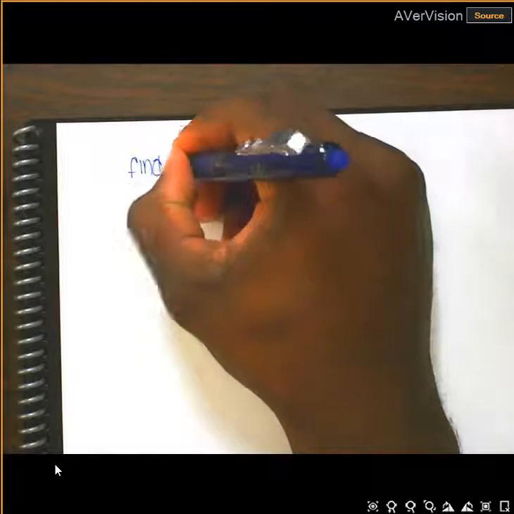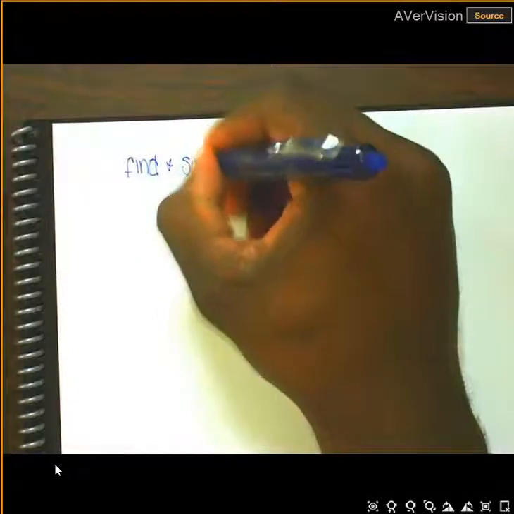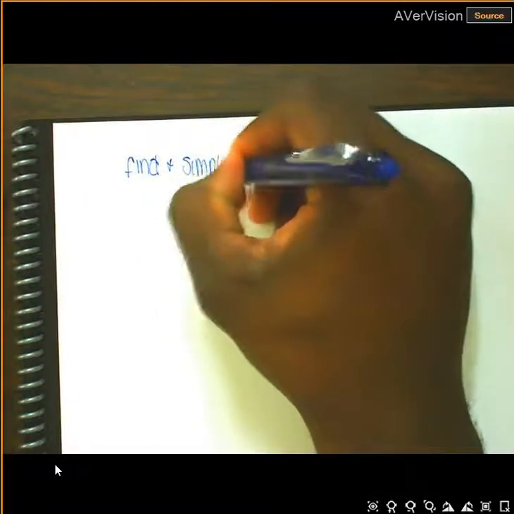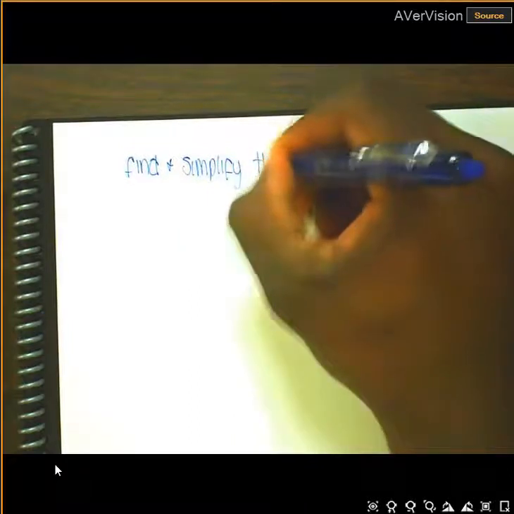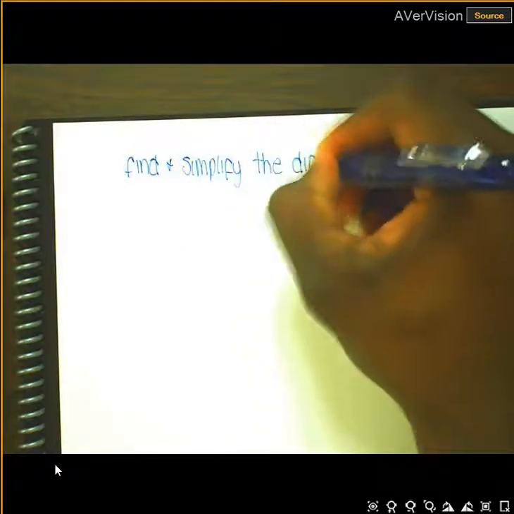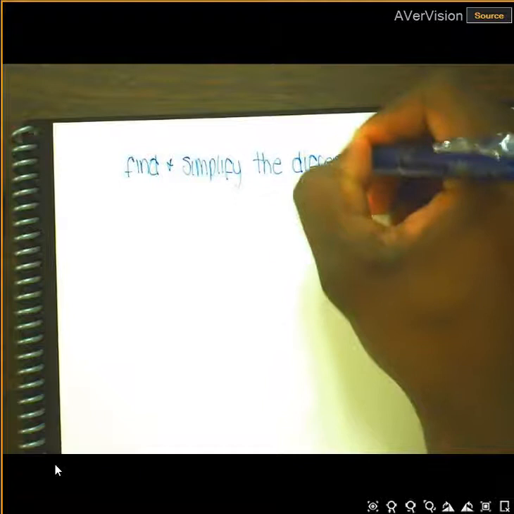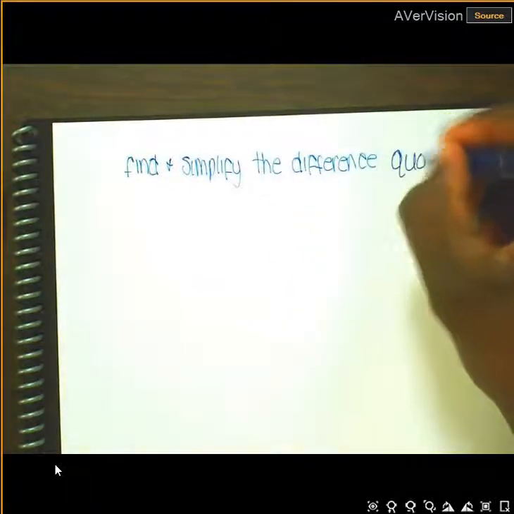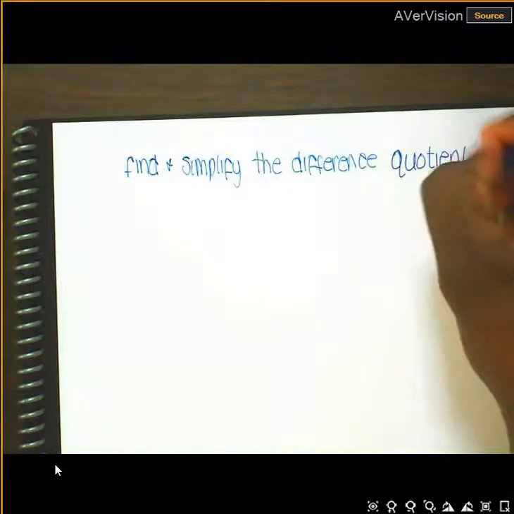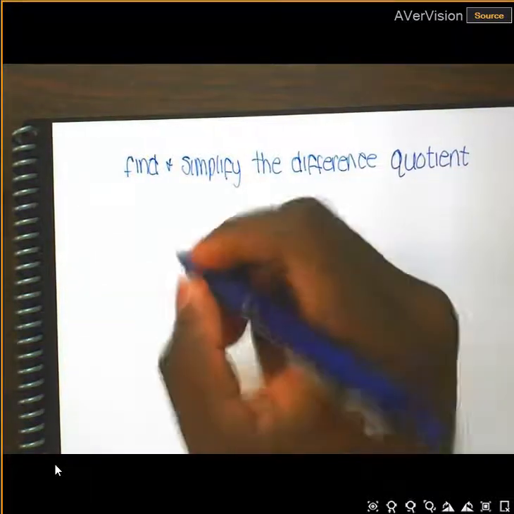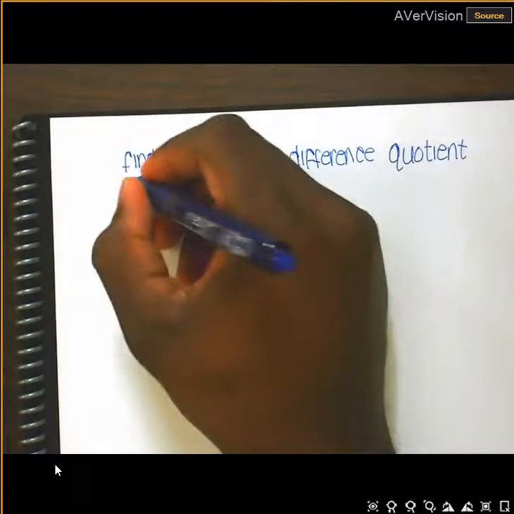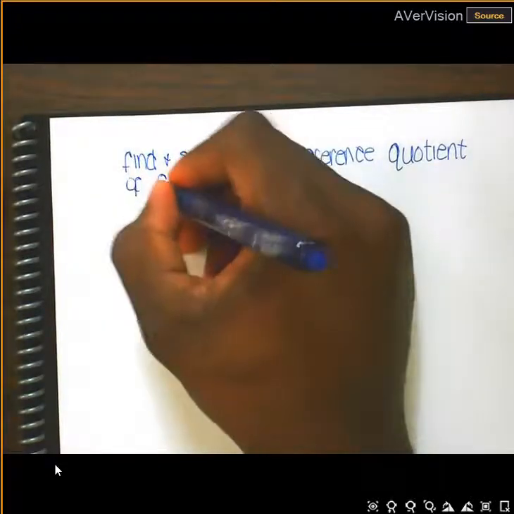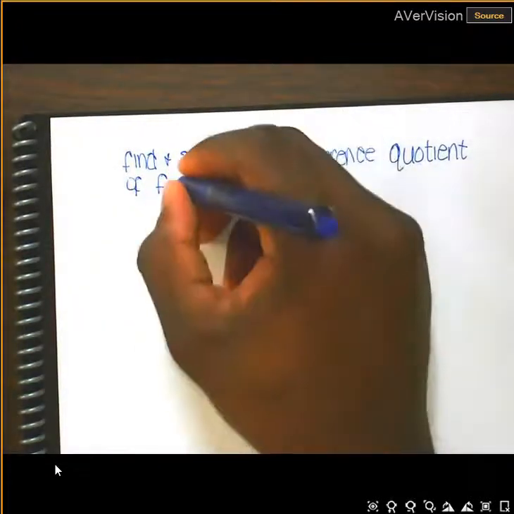All right, so we want to find and simplify the difference quotient. Do you remember what the difference quotient was?